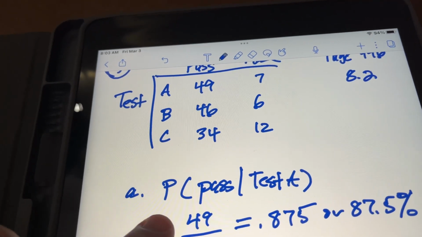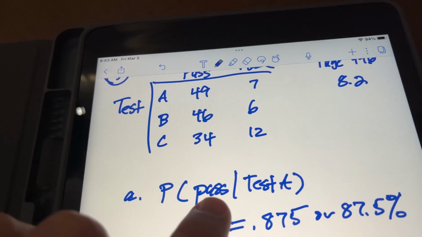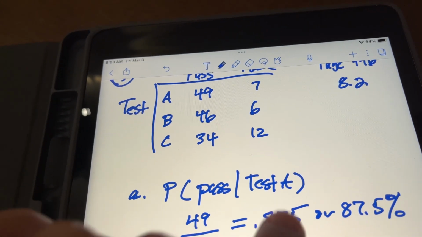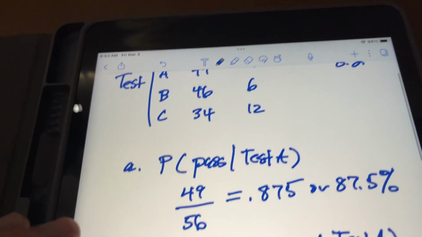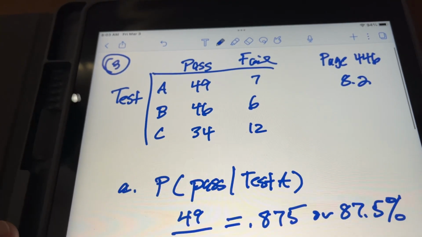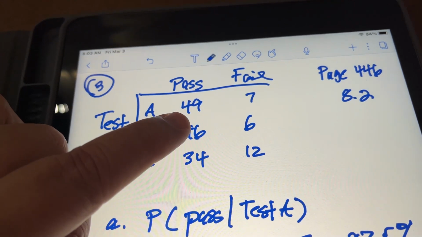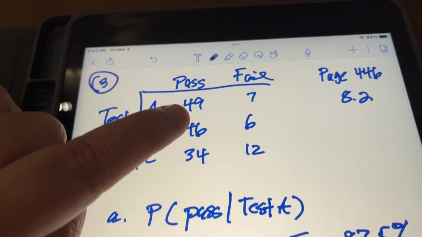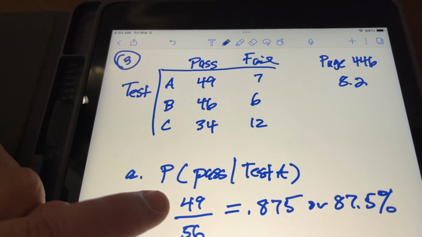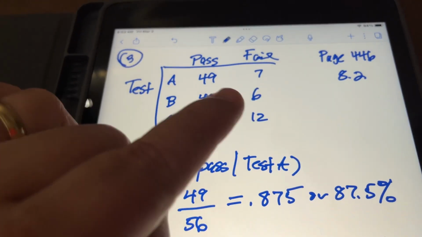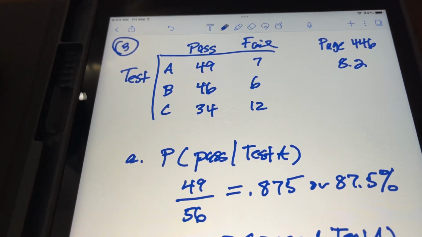So P for probability, the probability that someone passed given that they took test A. Looking at the chart here, we're looking for somebody who passed test A. There are 49 people who took test A and passed. So that goes as the numerator, out of a total of 56 people who took the test, because if you add 49 and 7, you get 56.